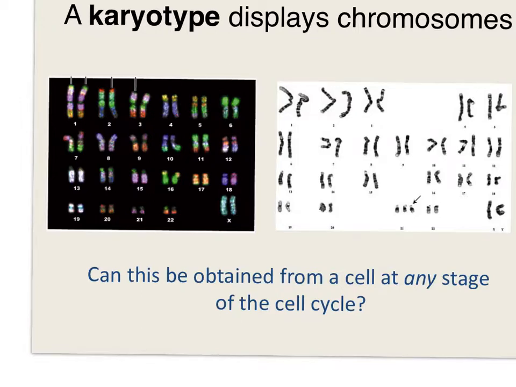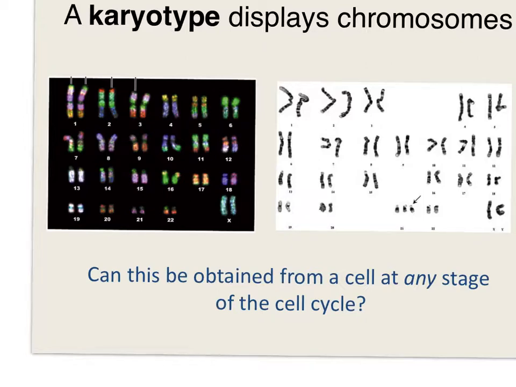We have 23 pairs of chromosomes. 22 are identical, except they have different alleles. And then the 23rd pair you have either an X or a Y. Actually, you have either two X's if you're female, an XY if you're male. Okay? And to display it, we say it's a karyotype.